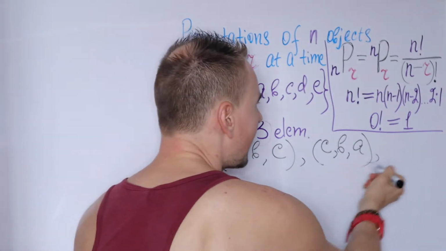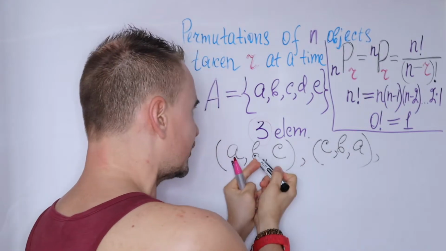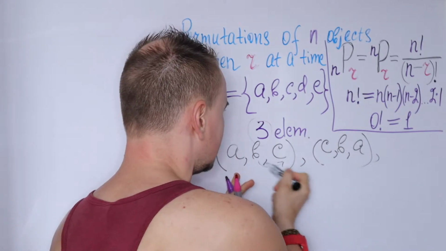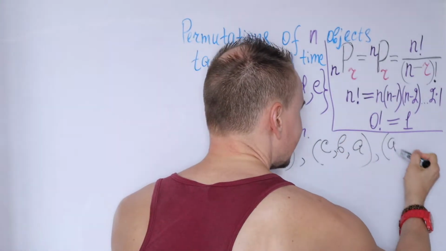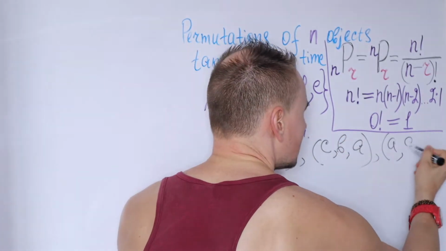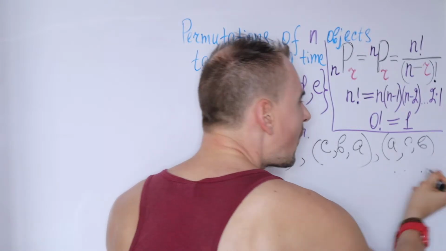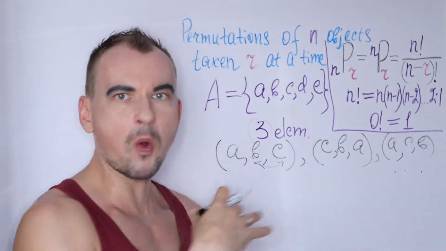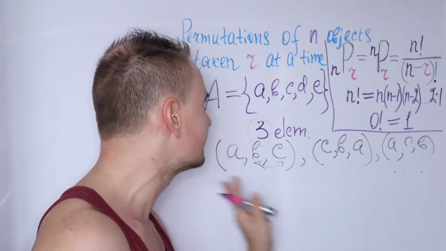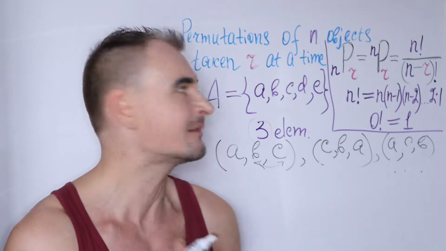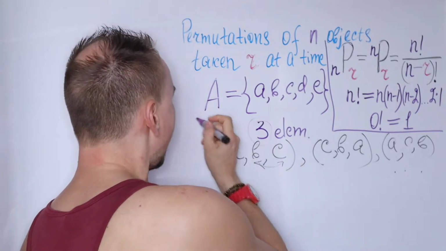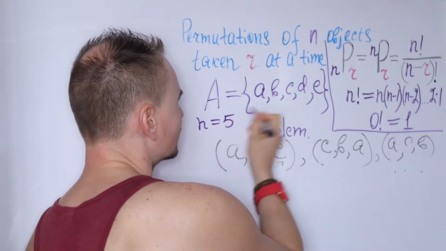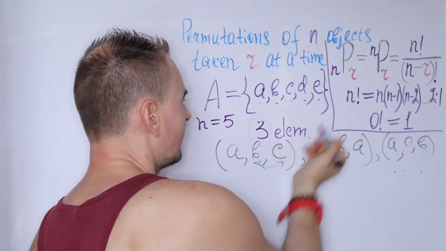And again, if I swap another 2 elements, let's say B and C, I would come up with another permutation. So let's say A, C, B, and so on. The list goes on, because you could list them all out, but it would take some time. In this case, my n is 5, since I have 5 elements: 1, 2, 3, 4, 5.